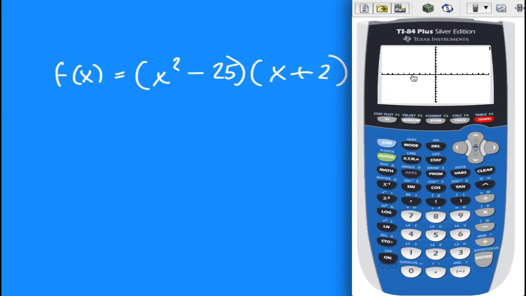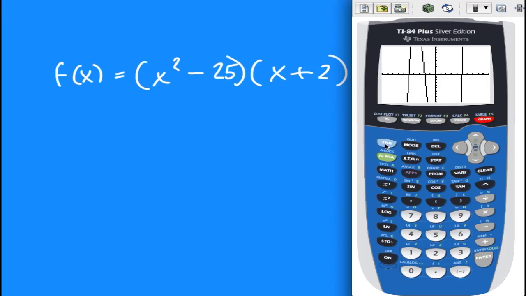So we graph it. We're looking for the x and y intercepts. Our x intercepts are right there: an x intercept at -5, another at -2, and another at 5.